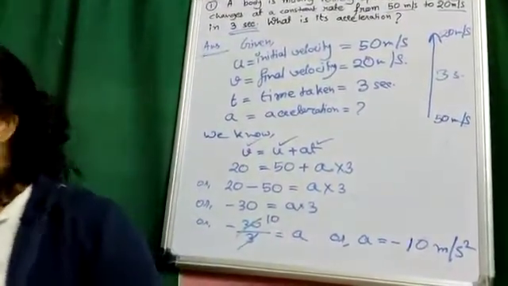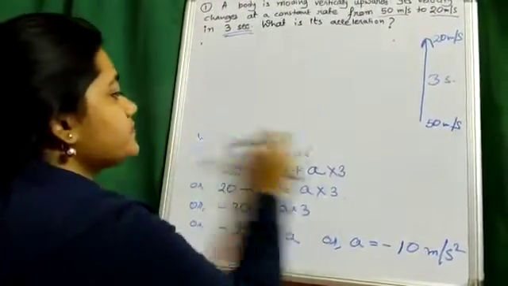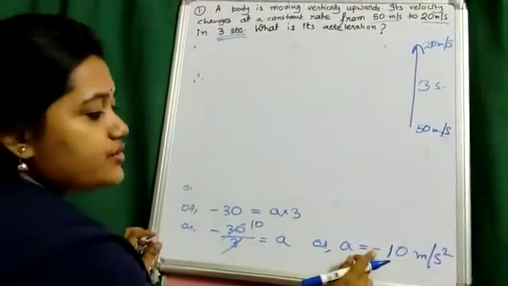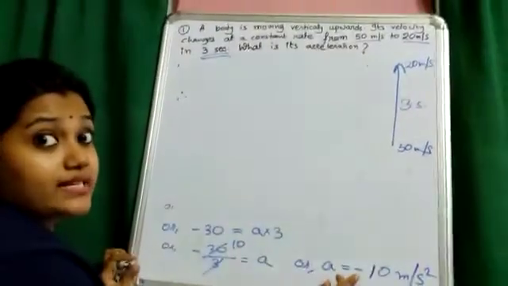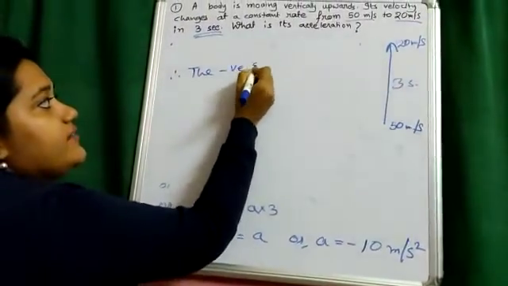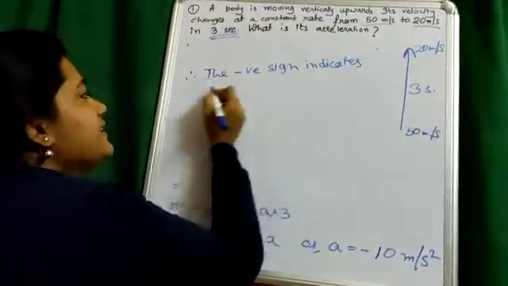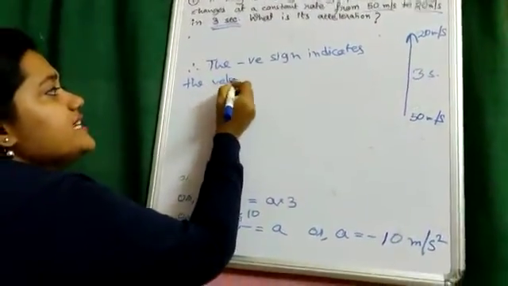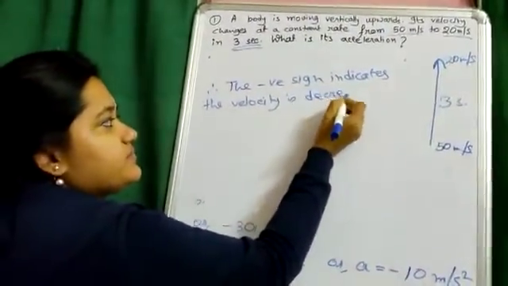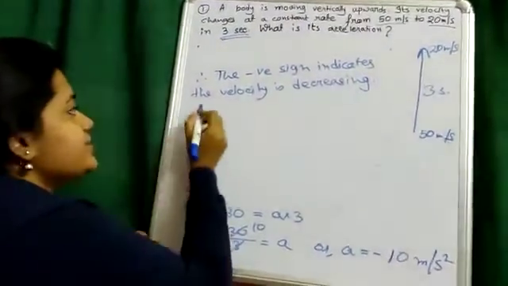So what will be the answer? Here you need to first write down the meaning of this negative sign. The negative sign indicates the velocity is decreasing. It is also called retardation.